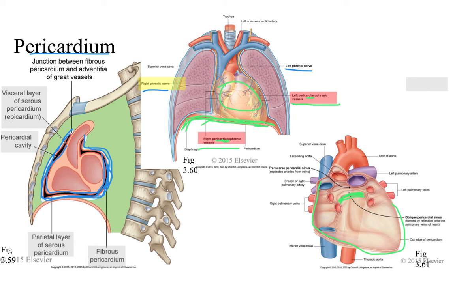So if you were to dig into a real cadaver, feel underneath, you'd be able to feel this little pocket. I'm sitting here doing this with my hands as if you guys can see what I'm doing, but feel this little pocket, and so that would be the oblique pericardial sinus. And then there's also the transverse pericardial sinus right here, and again, another space that will separate the arteries from the veins within the heart.